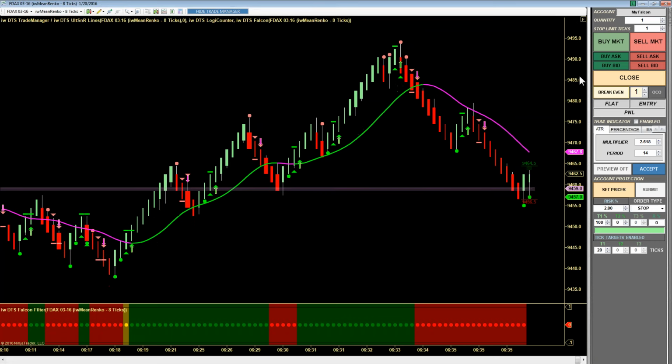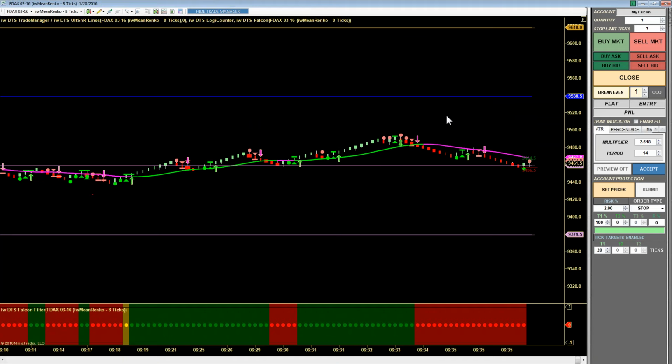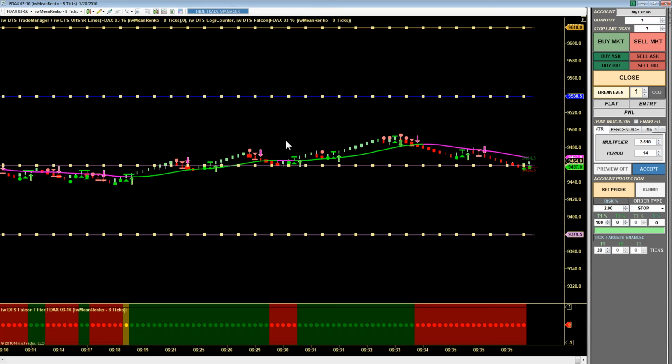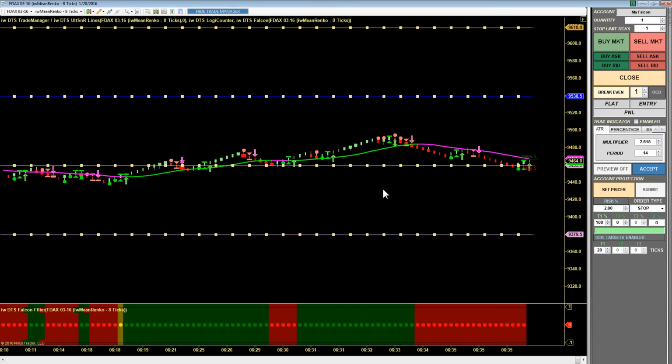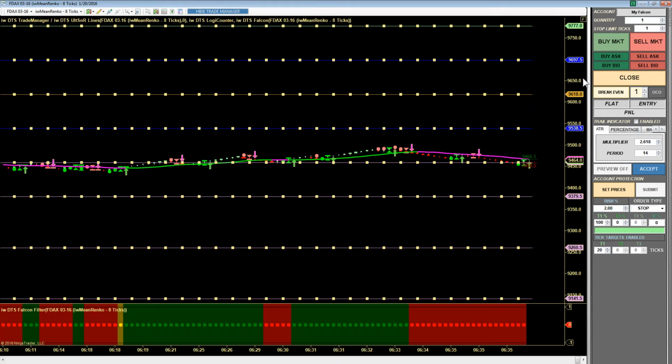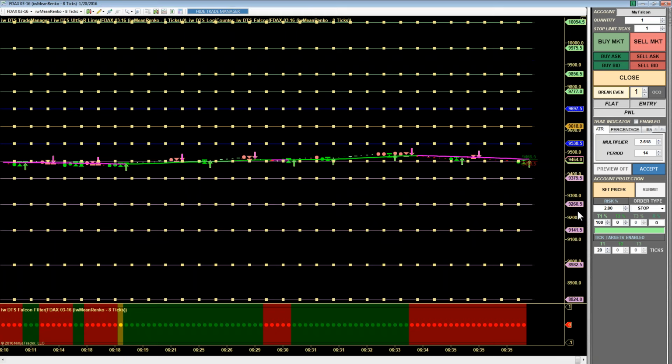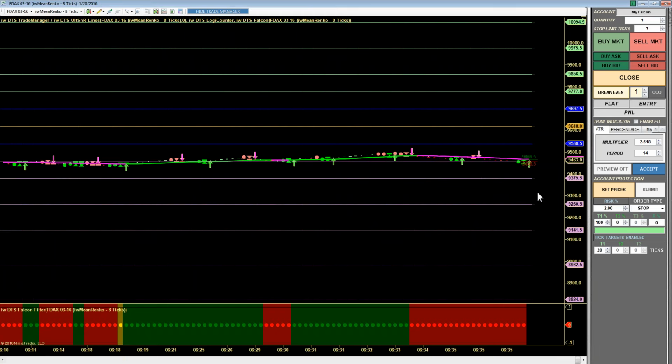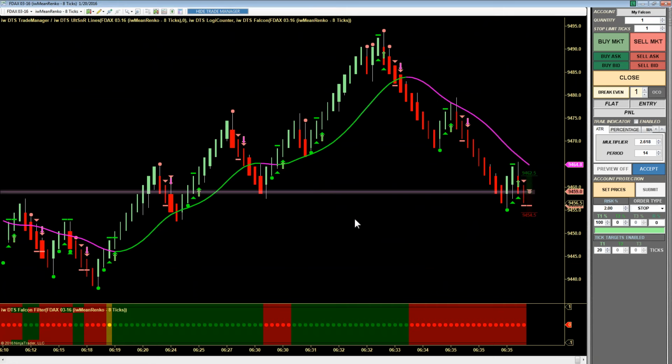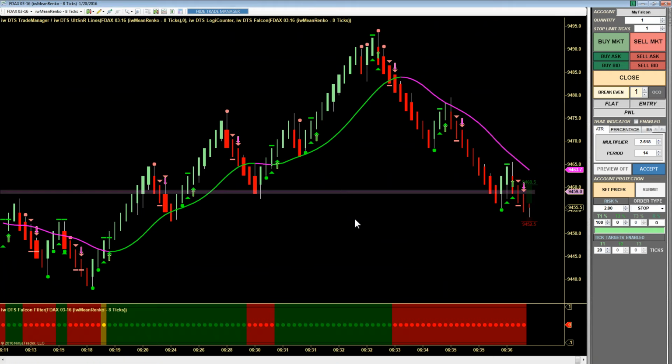These lines that you see on here, I should point these out real quick. This is a system add-on. This will work on any chart. It is not a part of DTS. This is the Ultimate Support and Resistance Suite. It's an assortment of 21 support and resistance lines forecast for today's trading. And they're not Fibonacci levels. They're not pivot points. I like to say they're much better.